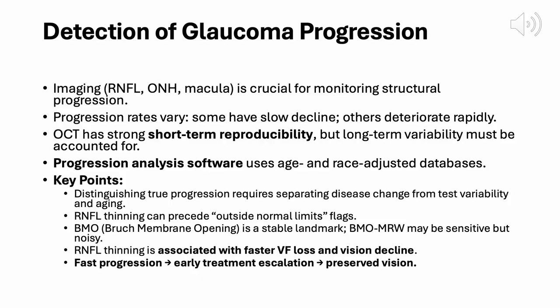The Bruch membrane opening remains a stable anatomical reference, but while BMO-MRW can be sensitive, it may also produce more noise. Critically, RNFL thinning is correlated with faster visual field loss and worsening vision. Ultimately, detecting fast progression early allows for timely treatment escalation, which is essential for preserving long-term vision.